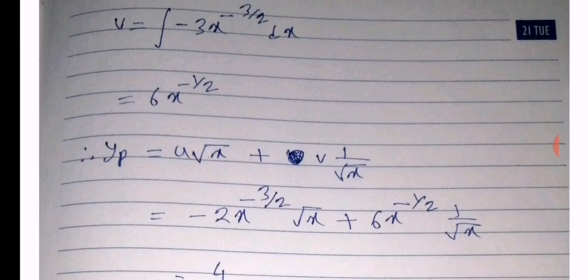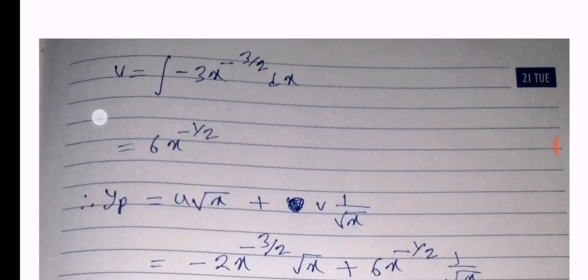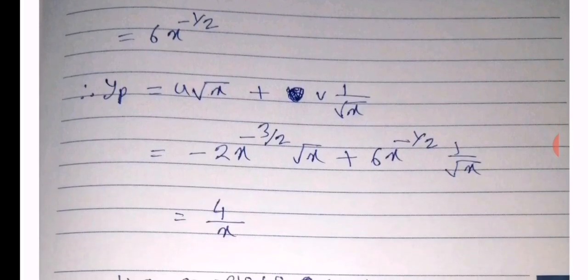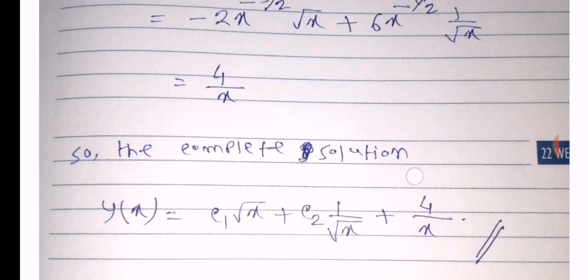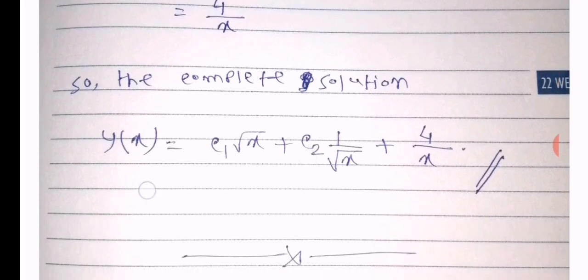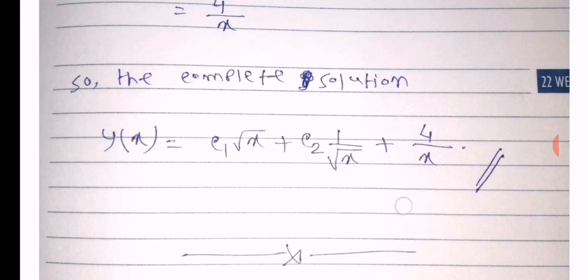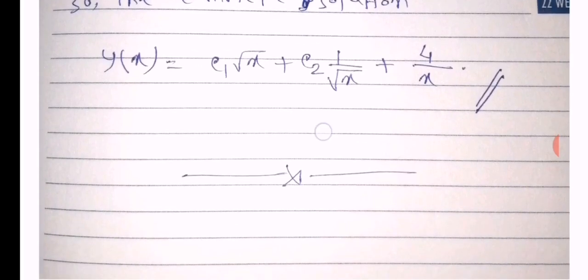After substituting the values of u and v in the PI equation, you will get the PI as 4 by x. So the complete solution is y(x) equal to c1 root x plus c2 1 upon root x plus 4 upon x. This is your required answer.